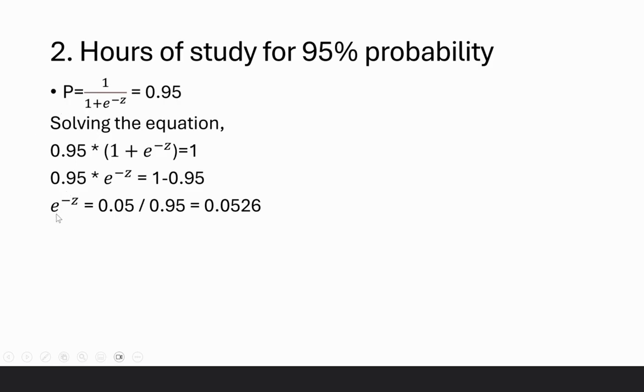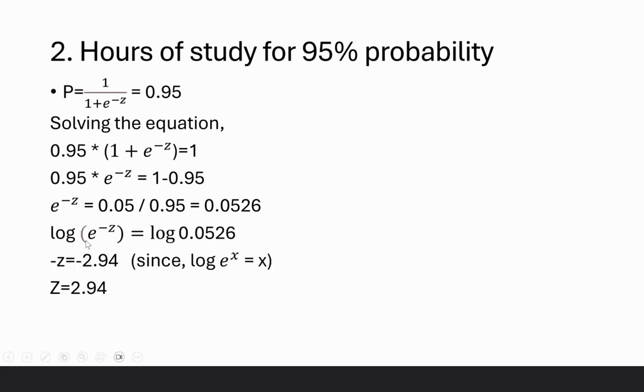Solving the equation, we arrive at e^(-z) = 0.0526. To eliminate e, we take log on both sides to the base e. Log to the base e of e^x is equal to x.